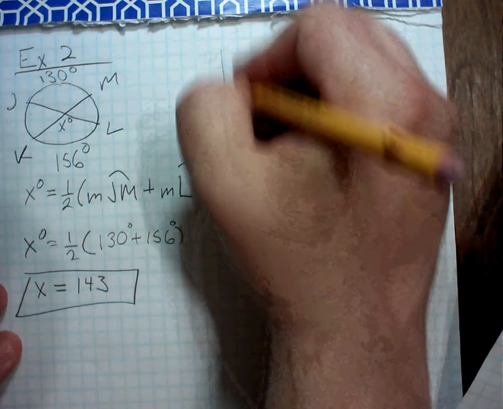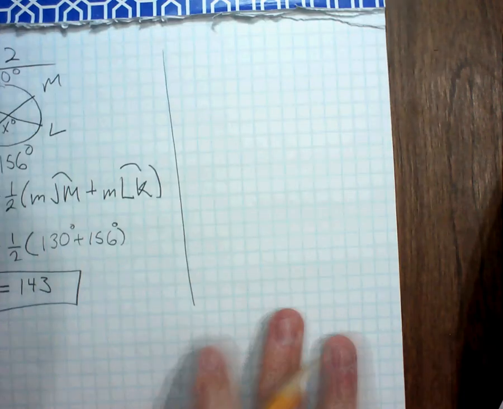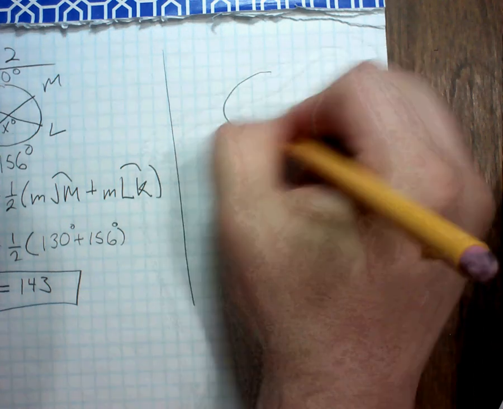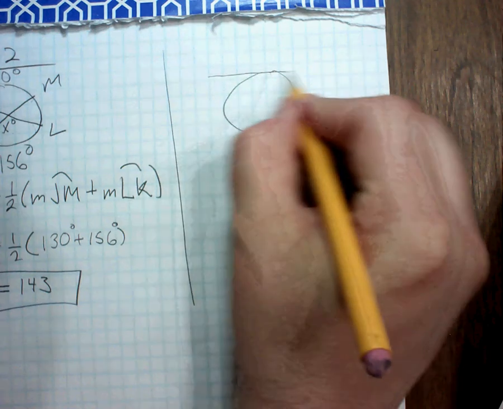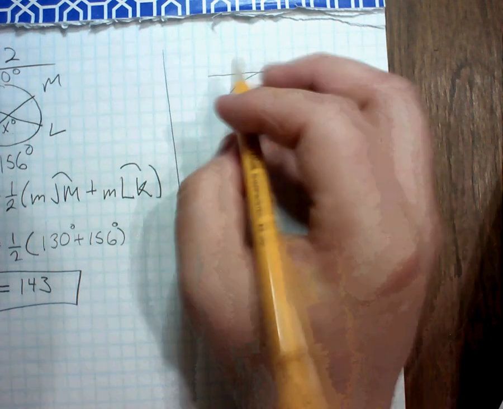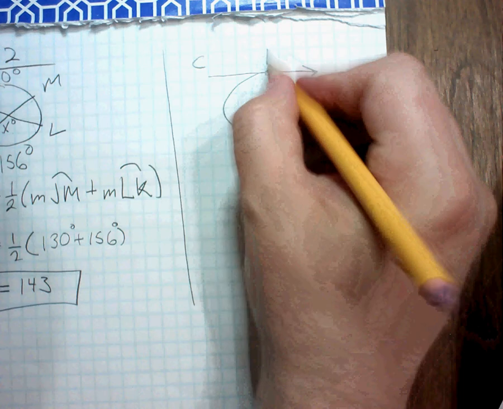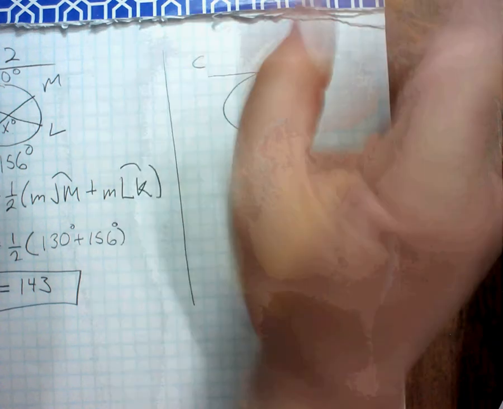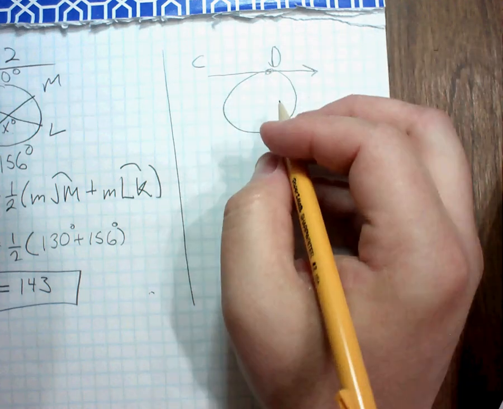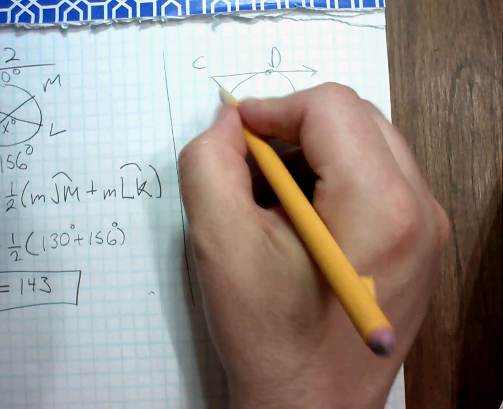Now there's another part of example number 2 that we have to do where it looks like this. I have a perfectly drawn circle. I have a tangent line that intersects here. We'll call this point C. We'll call this point D. And then it intersects twice.